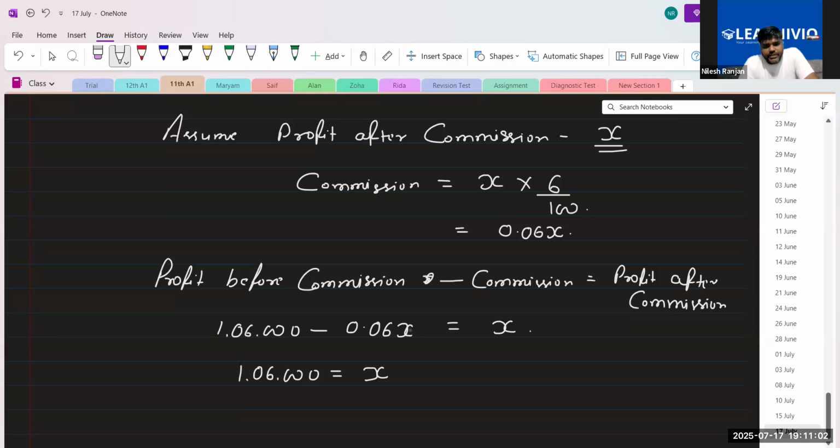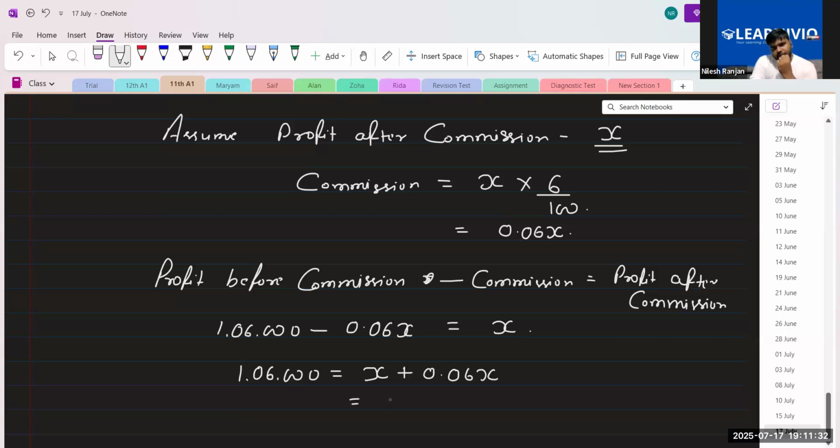If 0.06x goes to the right hand side, how will it be written? X plus 0.06x.